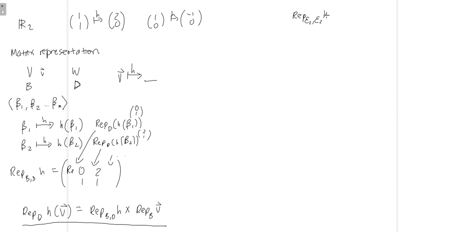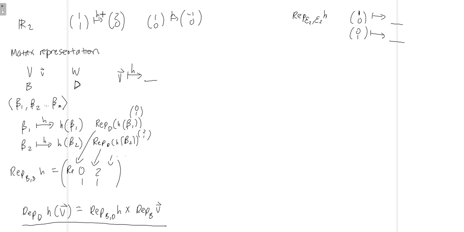Another way to say this is, if we take (1, 0) and project that, and we take (0, 1), so this is the standard basis, then what does this become? If we can find these, then we can use the definition of a matrix representation. That'll give us the matrix representation with respect to the standard basis.